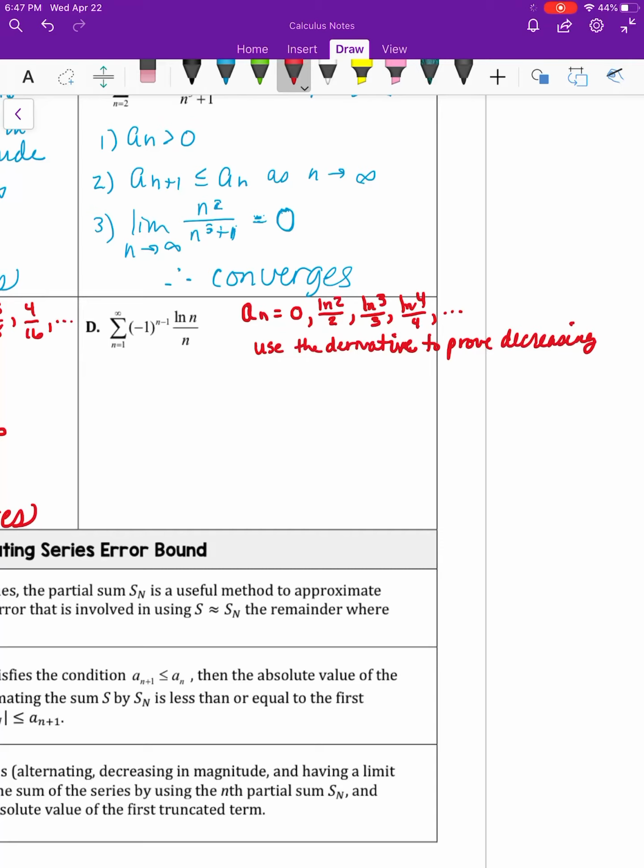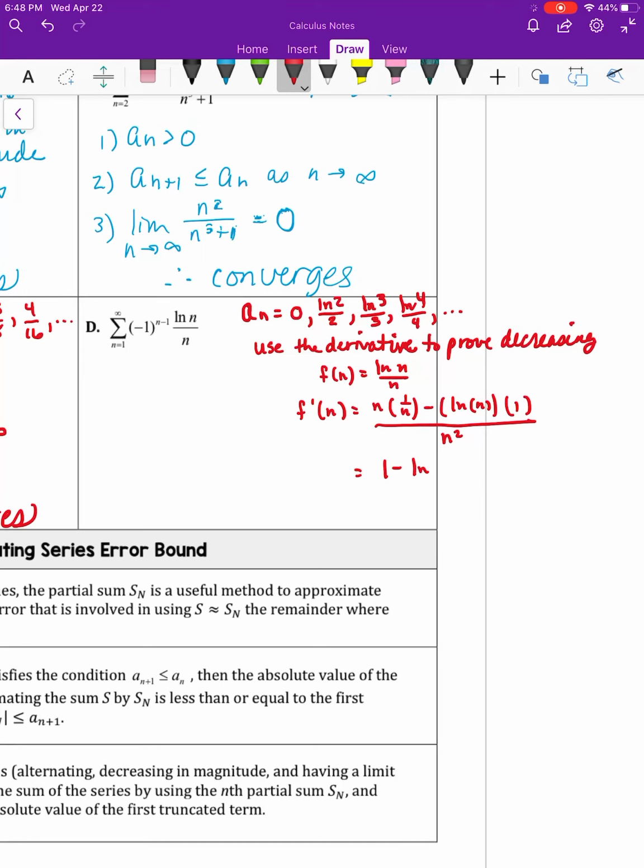So we want to go ahead and use the derivative to prove decreasing. Because as n goes to infinity, it has to be decreasing. It doesn't have to be decreasing the whole time, but as n goes to infinity, it has to be.